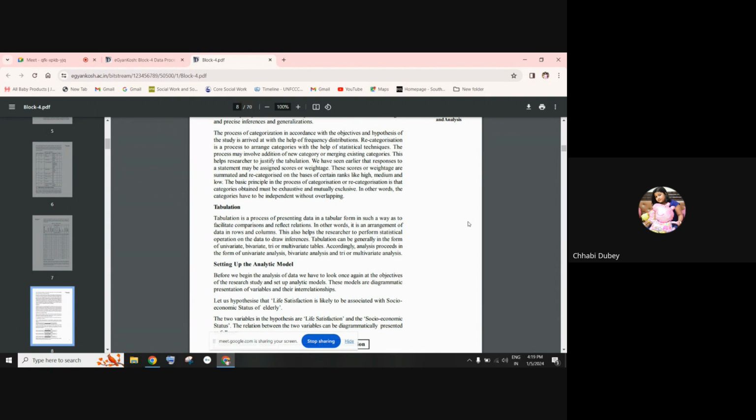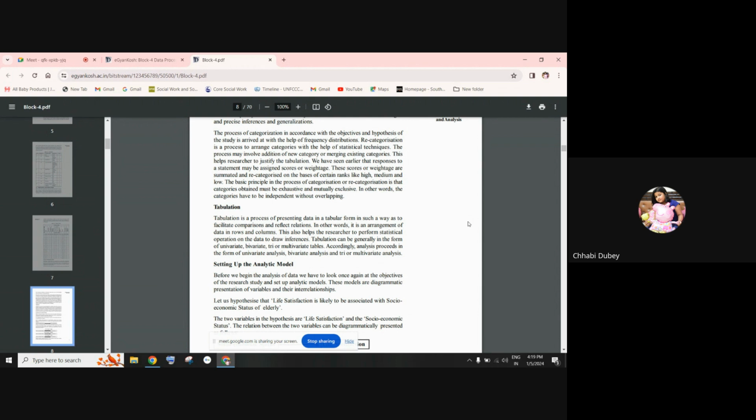This tabular form is very important because it is going to help us to facilitate comparisons and reflect the relations between the data. Tabulation means we will be arranging the data in rows and columns, and this will help us in performing some statistical operations on the data to draw inferences.